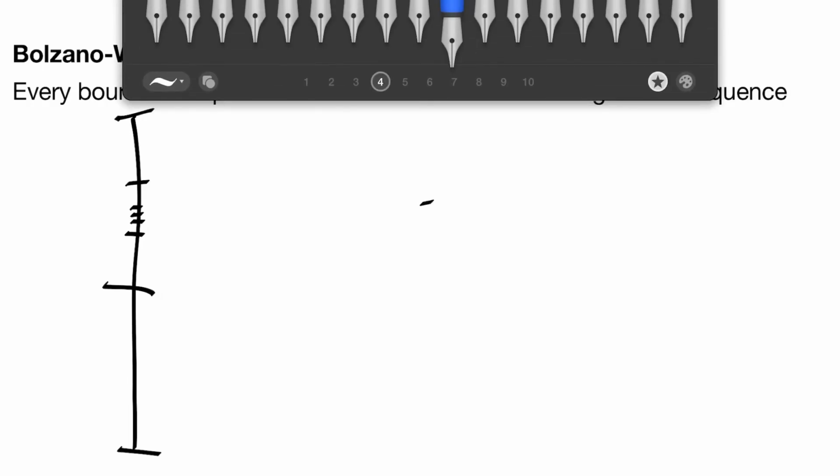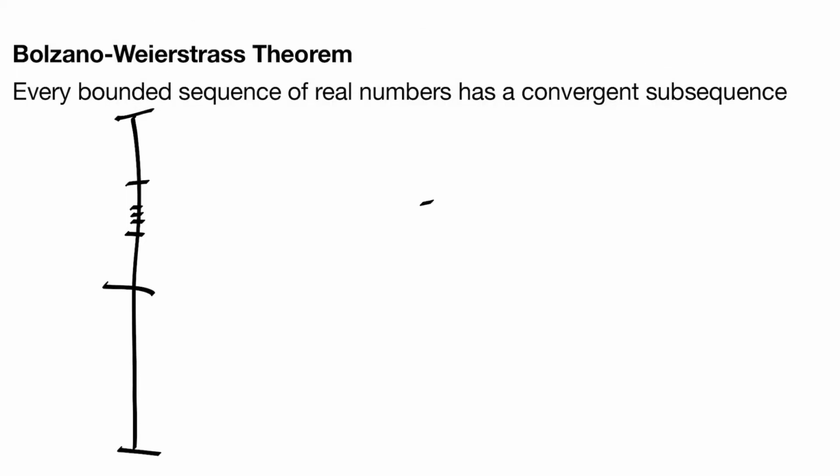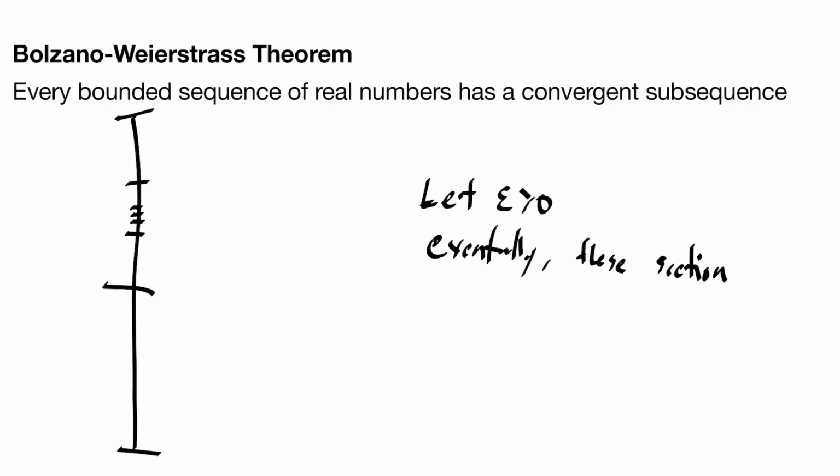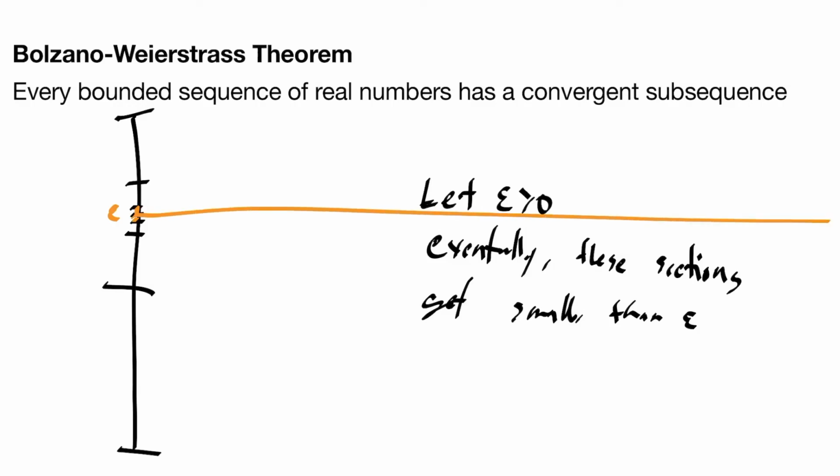And what you notice is that eventually, for any epsilon you want, let epsilon be greater than 0, then eventually these sections get smaller than epsilon.